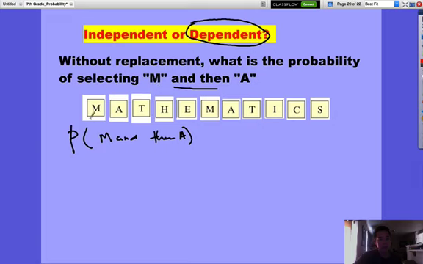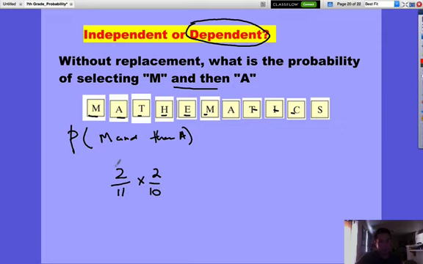So the probability of M: 1, 2, 3, 4, 5, 6, 7, 8, 9, 10, 11 letters in the word mathematics. And I see 2 M's. So it's 2/11. Then I'm going to keep that in there. Then an A will be 2 out of 10.